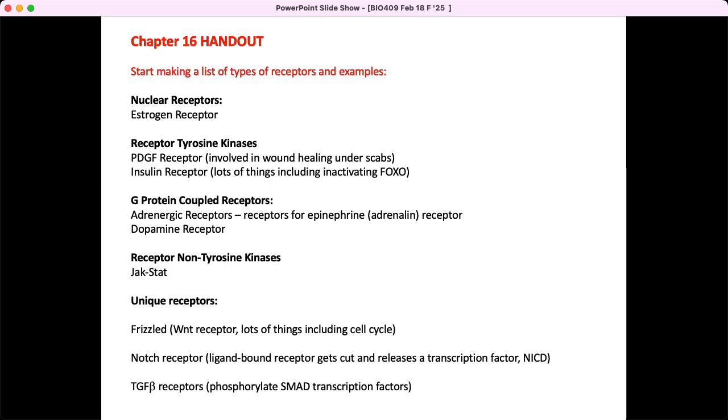Their ligands can actually enter the cell, or they're already in the cell. There are lots of different kinds of nuclear receptors, okay? And that's unusual. And so the nuclear receptors are in a different category than all the other receptors.